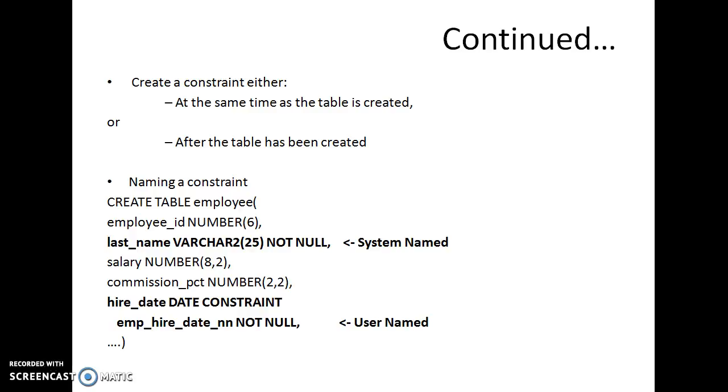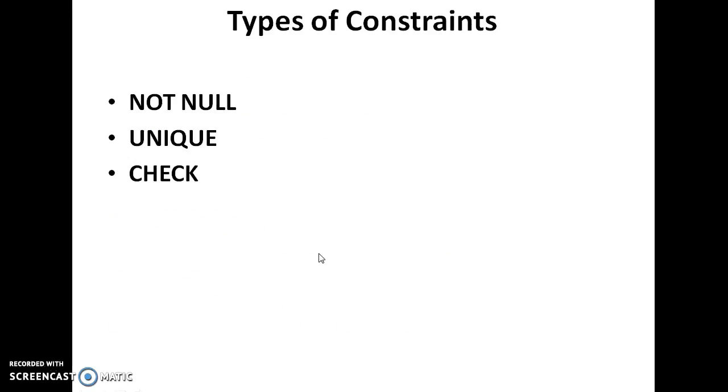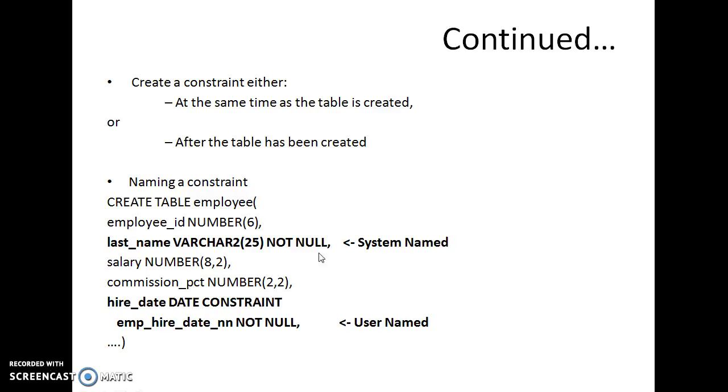I am creating a table named employee with attributes employee ID, last name, salary, commission paid, city, and hire date. Last name and hire date have been enforced with a not null constraint. The last name column has just not null, with no name specified. For hire date, after the data type you have the keyword constraint and then a name, emp_hire_date_nn, and then not null.